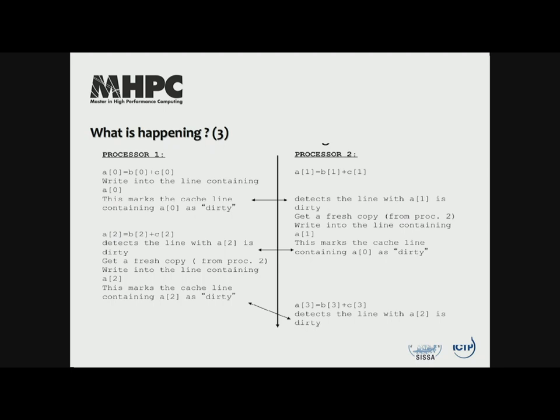So they are always saying, I'm changing my line, it's dirty, and so there is always cache thrashing going on. I'm reading, I'm writing, this one throws away the data, has to reload the data, does this operation. In the meantime, the other one does its operation but finds that the cache line is dirty, so it throws it away, reads again, and so on and so forth.